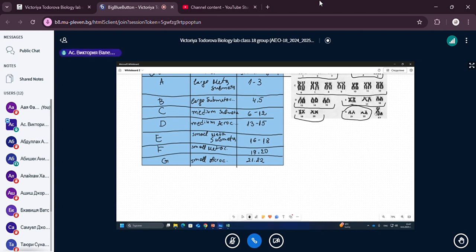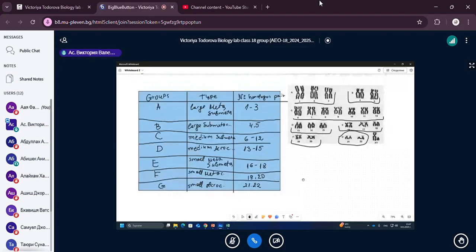So as you can see, this chromosome X is submetacentric, something in the middle of this and this, in the shape, in the size and the characteristics.